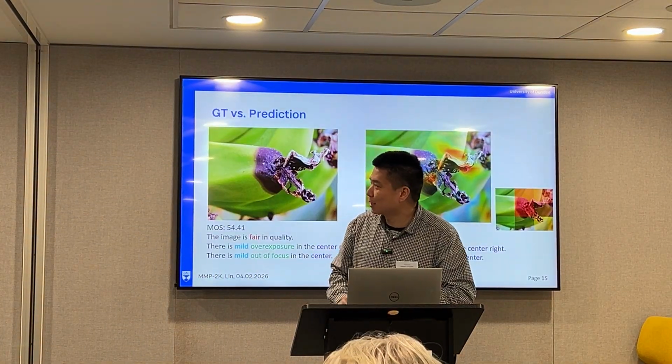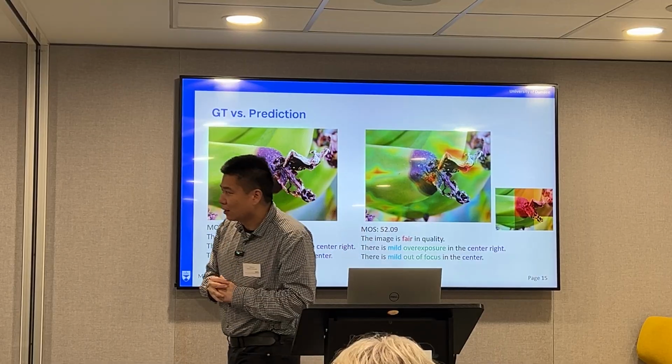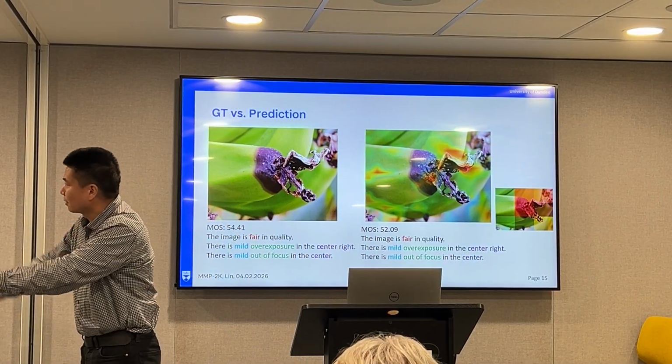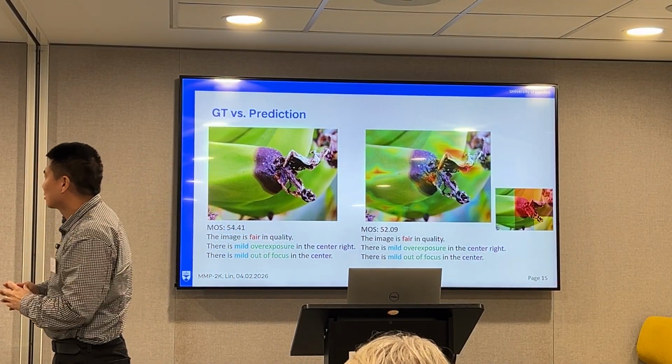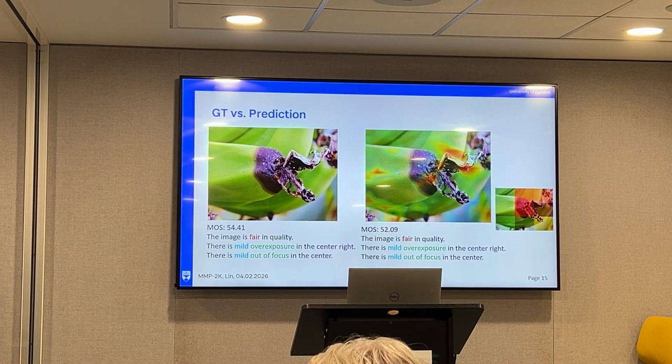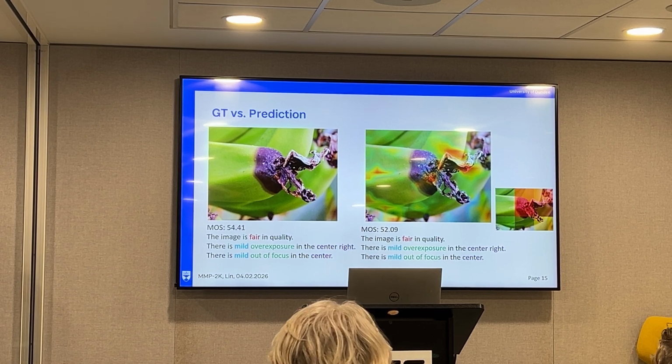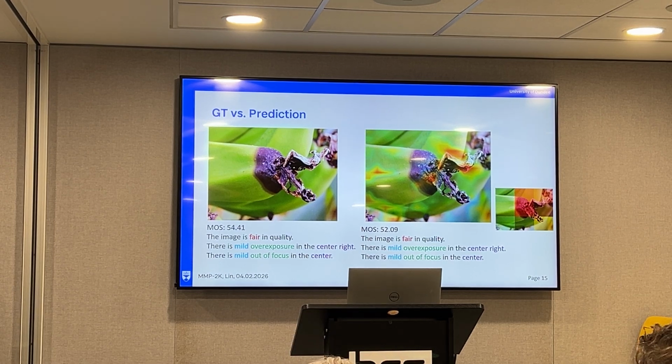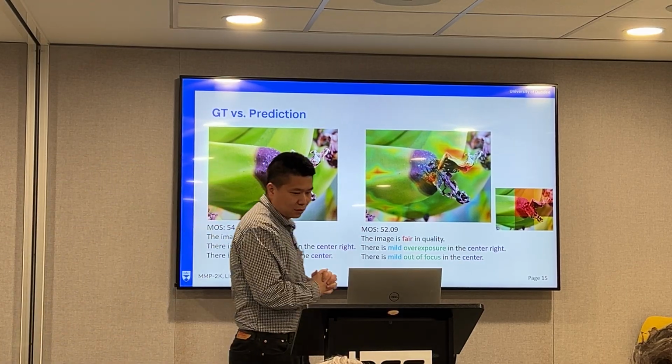And here are some example results. On the left is the ground truth, on the right is the prediction. This is a heat map, and you can see it highlights the center right, mild overexposure, and mild out of focus.